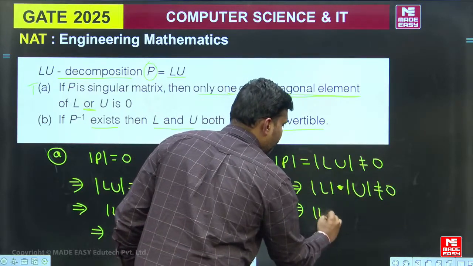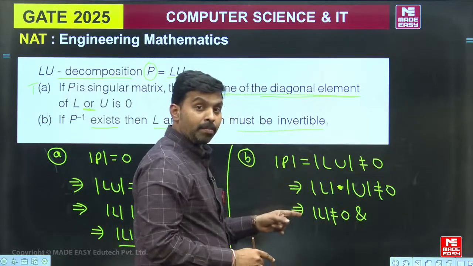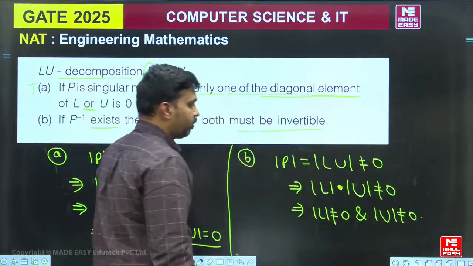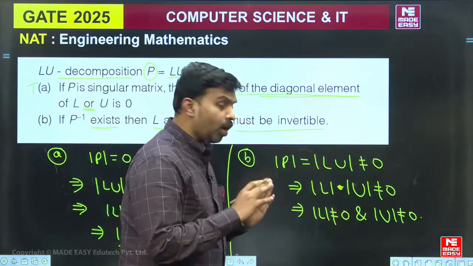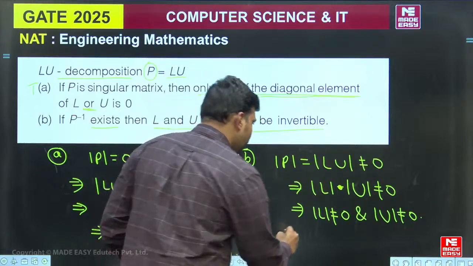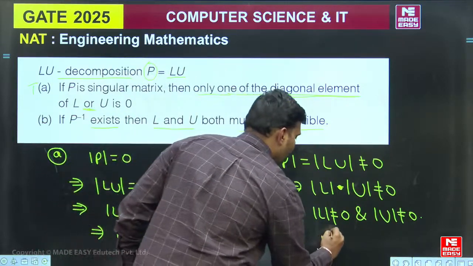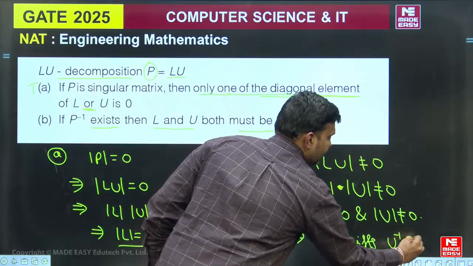This implies that mod L is not equal to 0 and mod U is not equal to 0. It is an and, my dear students. Both must be compulsorily not equal to 0. If both have non-zero determinant, both inverses exist, so they must be invertible. So L inverse exists and U inverse exists.